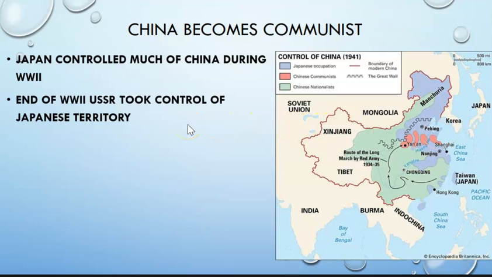Now, the United States was a strong ally of China. Part of the rationale, you can see the proximity of China to Japan, was that the United States felt they would need to use China as a way to land troops in Japan to take it with an amphibious assault.